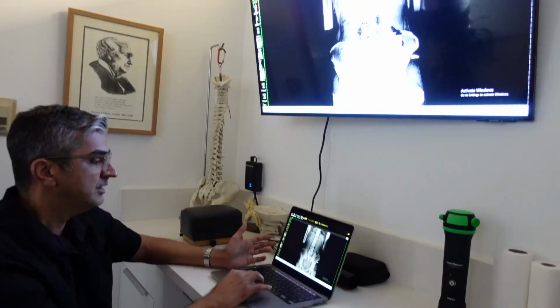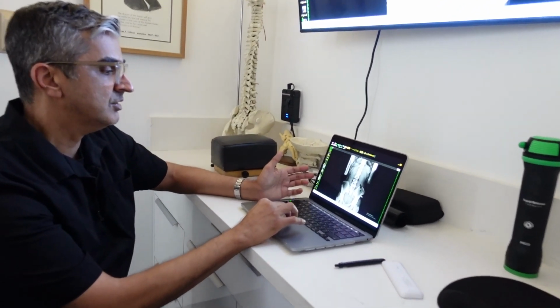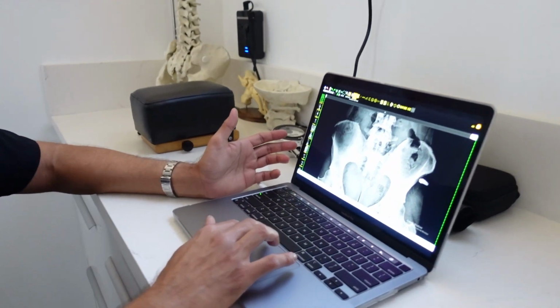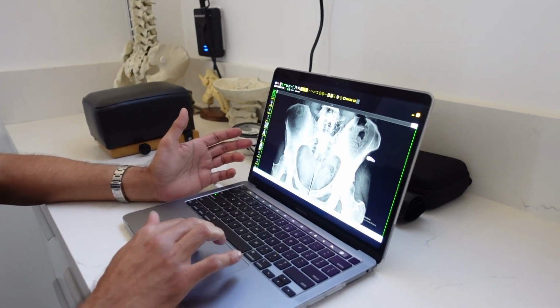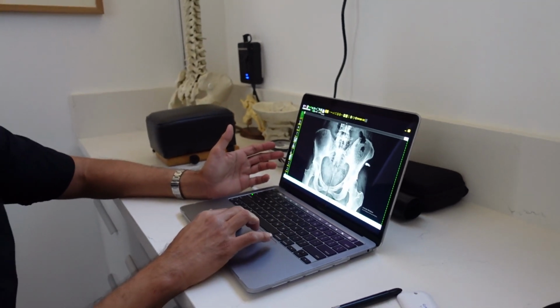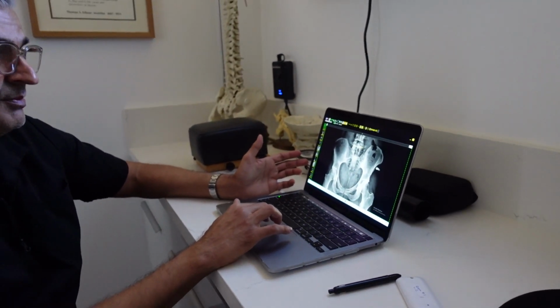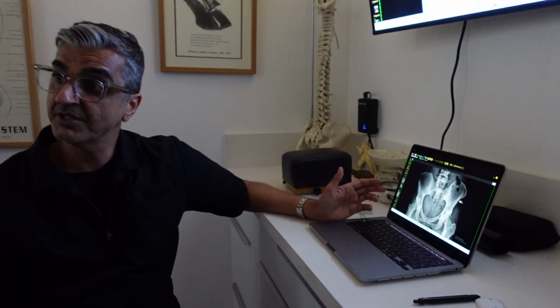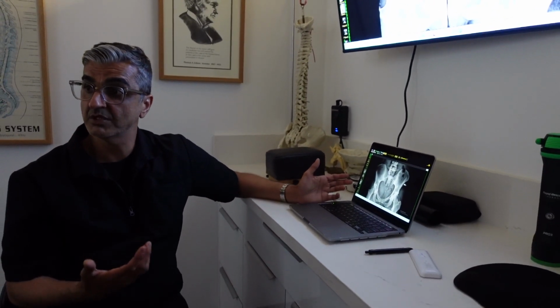So for today, let's go over your full spine x-rays. This Gonstead work that I do is based on the level foundation principle. If we don't have a level base and foundation, then anything else we do doesn't really matter.